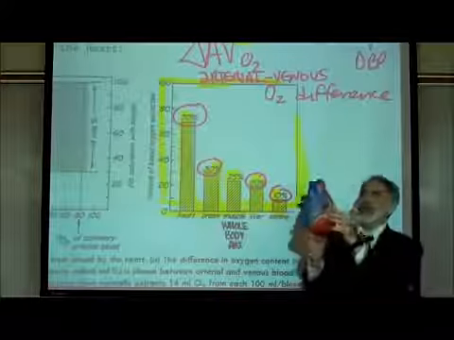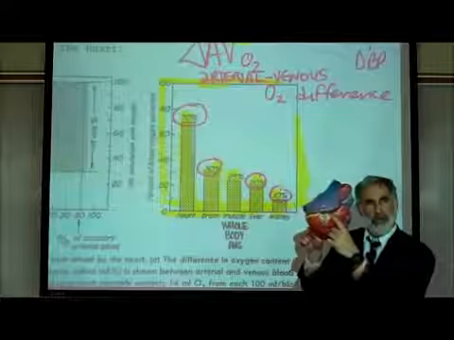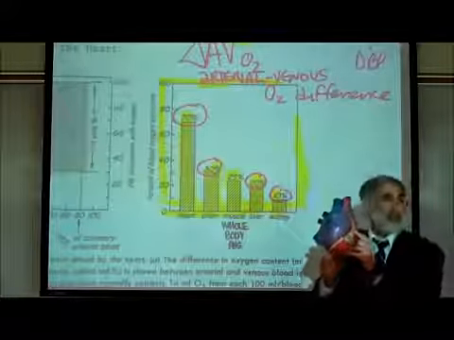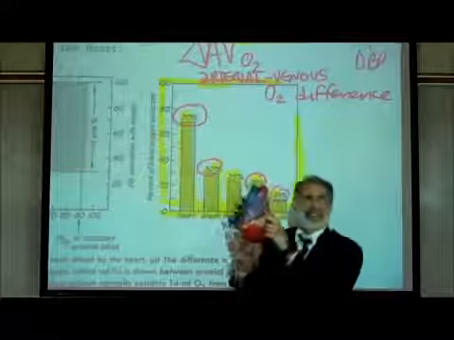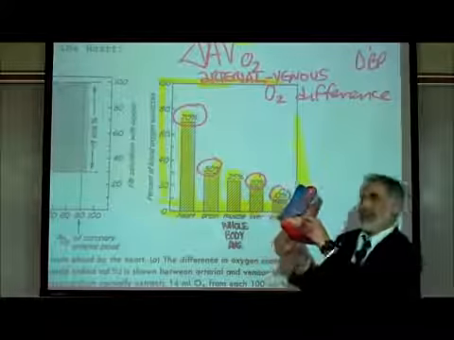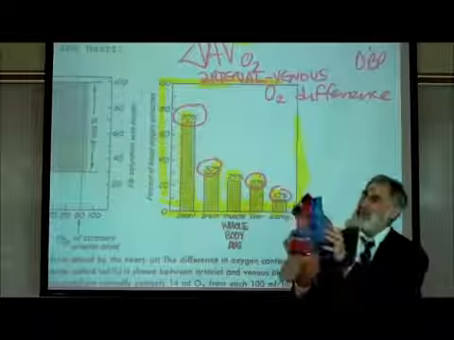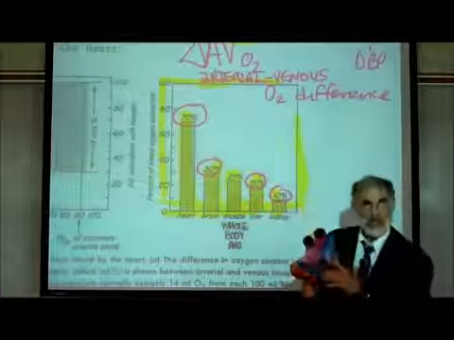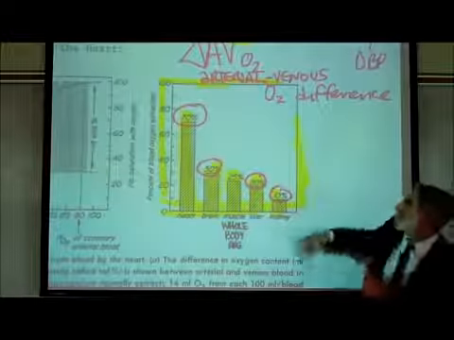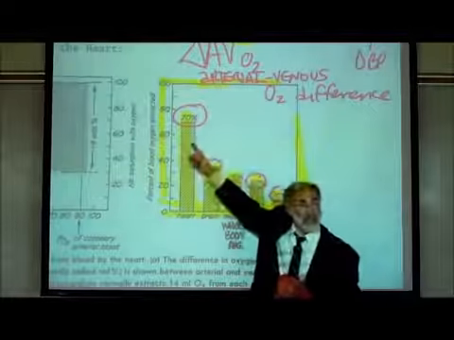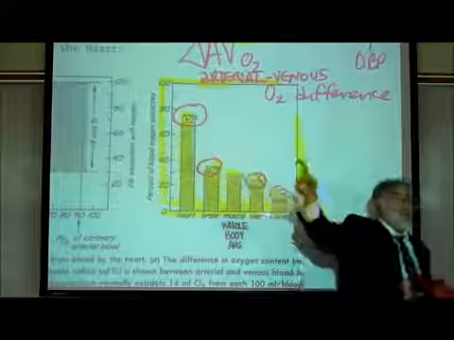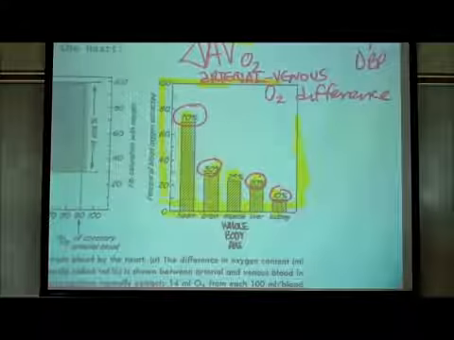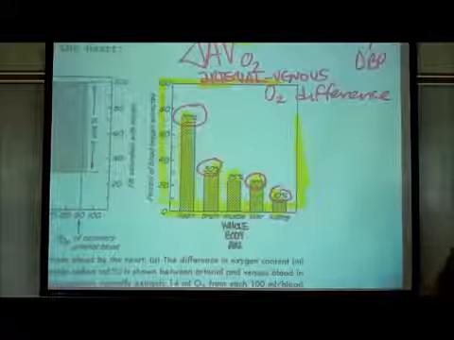Now I have a broken heart. All right, let's compare the oxygen content in the coronary artery with the coronary sinus. So what's the difference in oxygen? 70%. The heart is removing 70% of the oxygen.